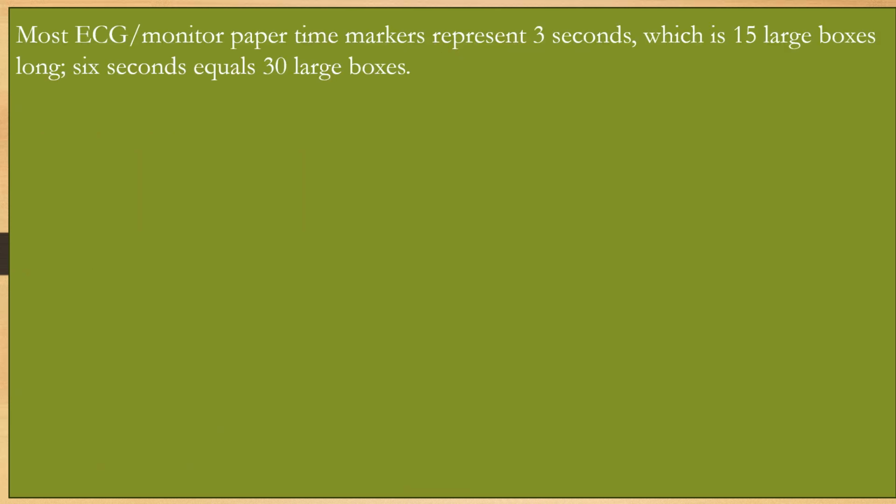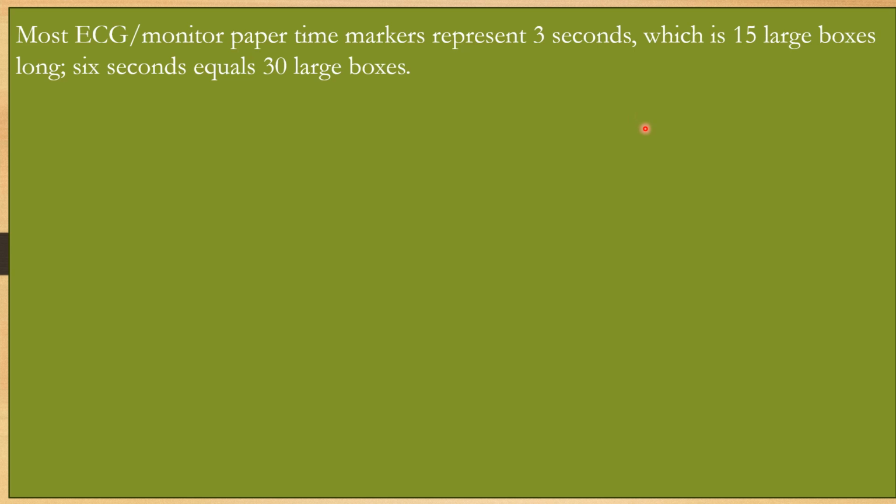Most ECG or monitor paper time markers represent 3 seconds, which is 15 large boxes. If you see an ECG sheet and count, you can see the number of large boxes and small boxes.